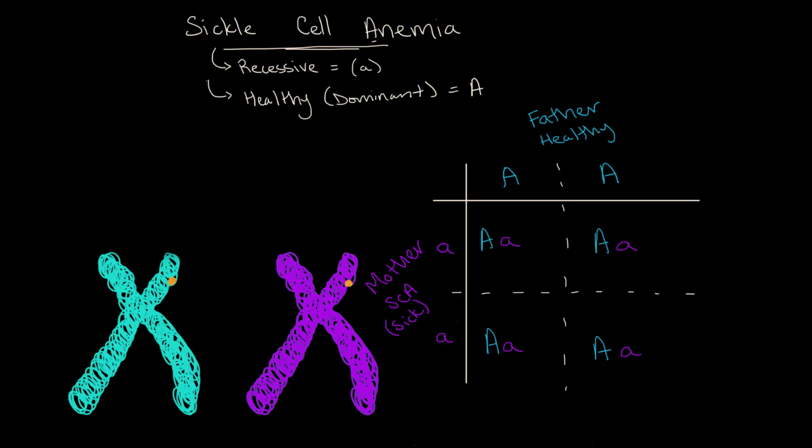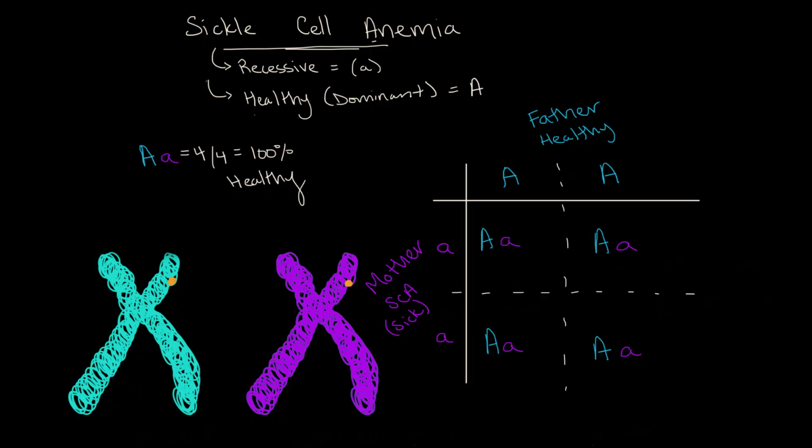And so this is a really easy Punnett square because the baby can only be big A from dad and little a from mother. So this is 100%, or 4 out of 4, which is 100% of their babies will be healthy or will not have sickle cell anemia specifically.